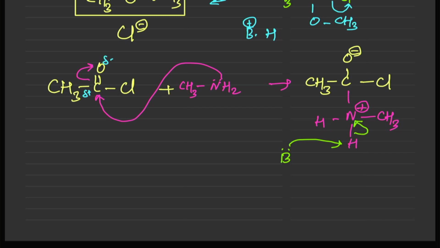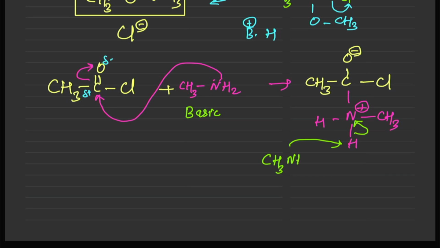Now, what that something would be here is anything that could abstract a proton. So what is the most basic thing that you have in your reaction? We know that amines are extremely basic. Every time they see a proton, they're going to immediately abstract it. They are highly basic.